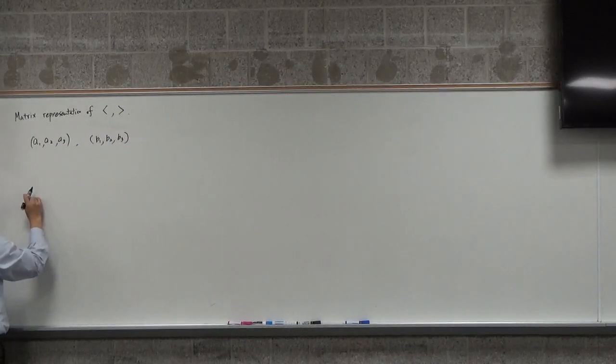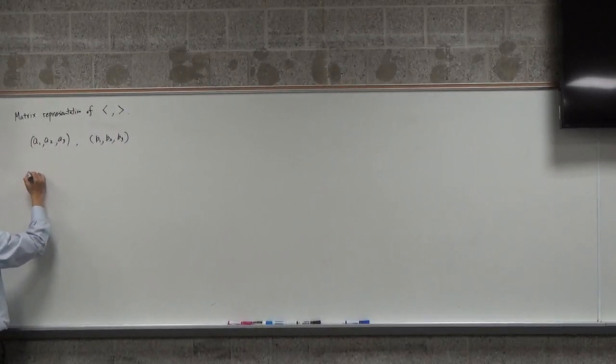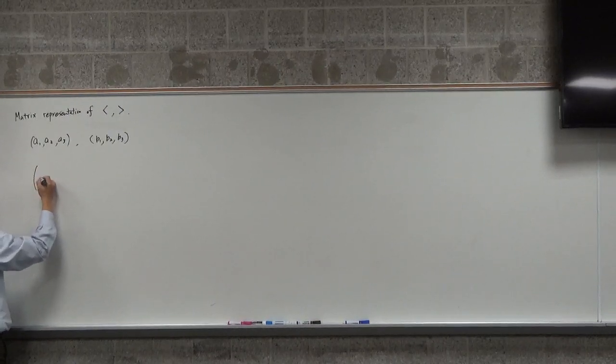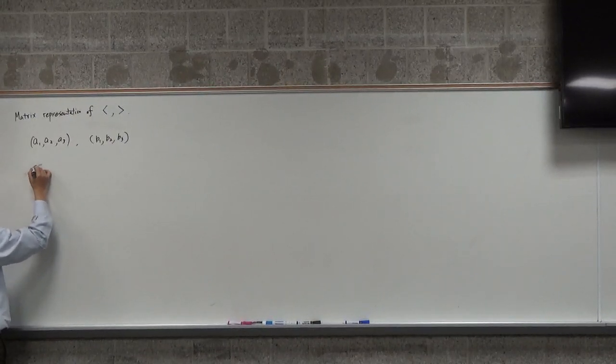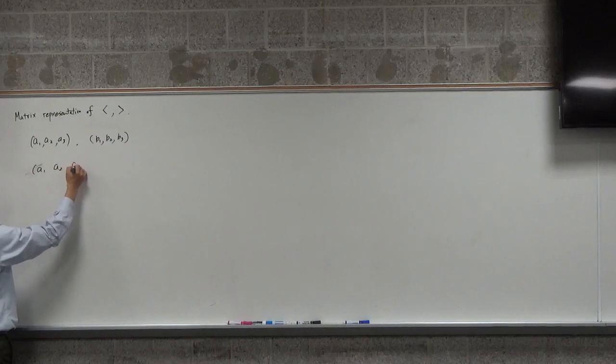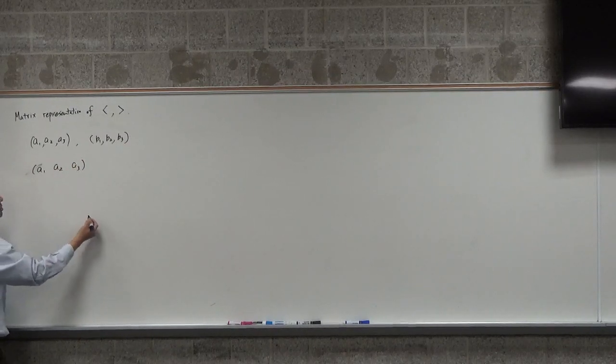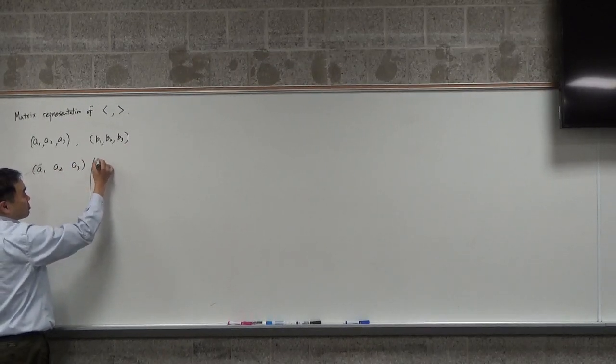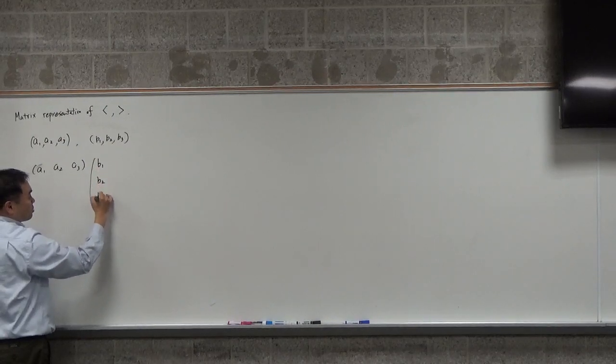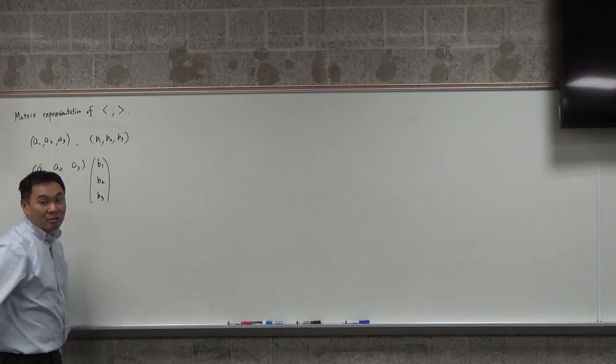And we can rewrite this in the following way. We can take the matrix A1, A2, A3 as a row matrix, and then the matrix B1, B2, B3 as a column matrix.